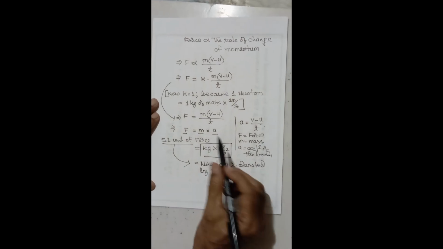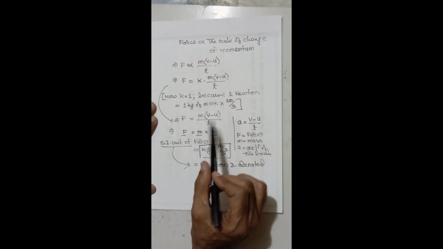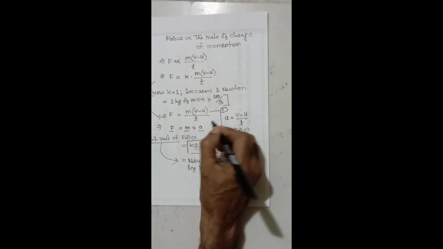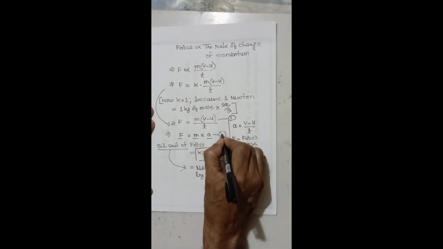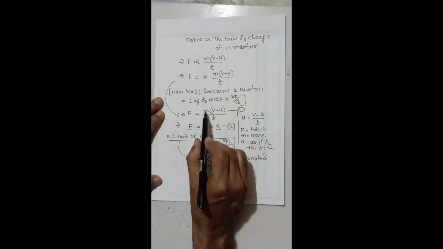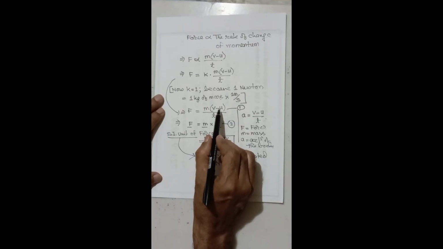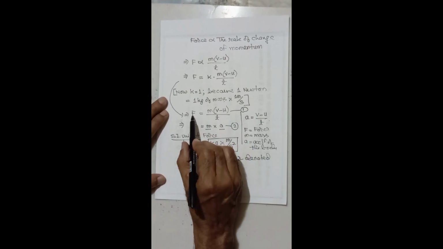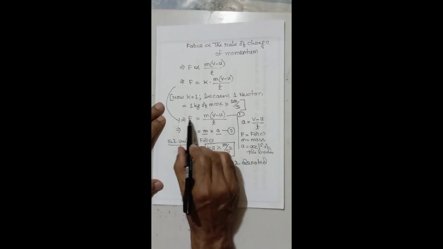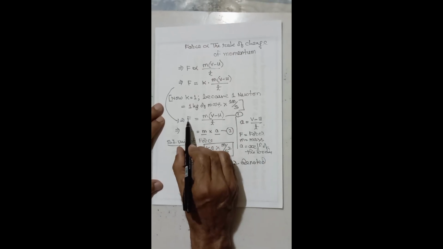All of the above equations, equation 1 and equation 2, are helpful in solving the numericals. For equation 1, when mass, initial velocity, final velocity and time are given, we calculate force, or any of the above.